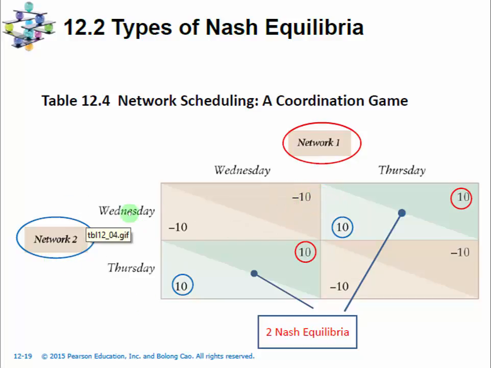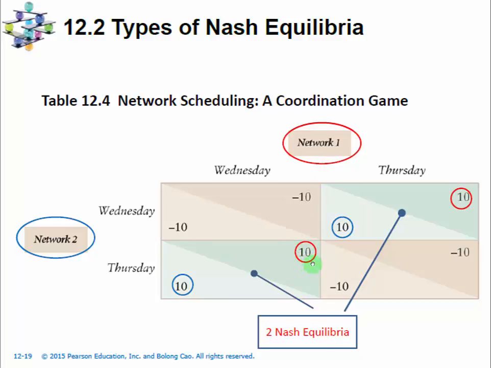Here, when network 2 schedules on Wednesday, network 1 compares -10 and 10, circles 10, to say that when network 2 schedules on Wednesday, network 1's best response is to schedule its show on Thursday. And then if network 2 schedules on Thursday, network 1's best response is to schedule its own show on Wednesday.